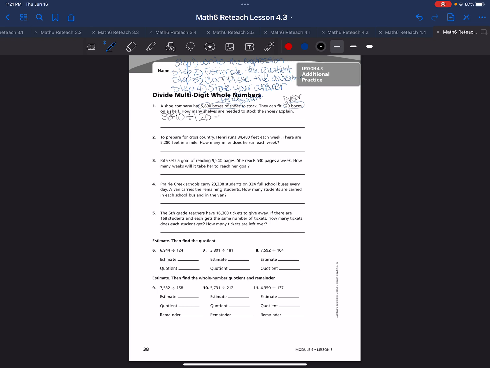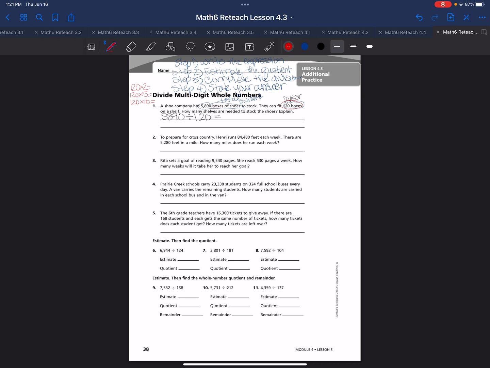So if I have 120 here, I'm going to estimate 120 times 2, 120 times 5, and 120 times 10. These are kind of benchmarks that I use to help myself when I'm dividing.